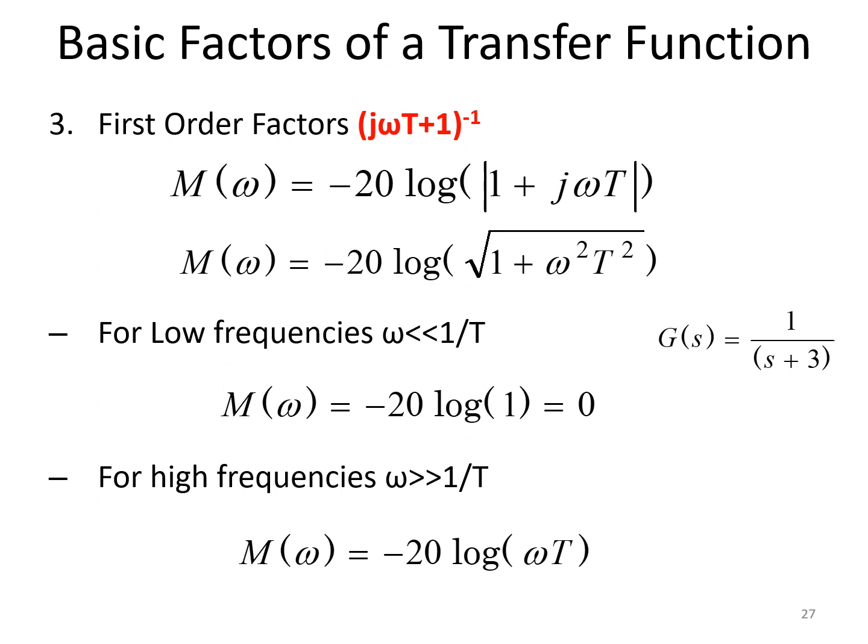Now coming to the first order factor, another factor which is represented as 1 by j omega t plus 1. Here, since it is minus 20 log of 1 plus j omega t, the magnitude value for omega very much less than 1 by t is 0, and for higher frequencies, M of omega is taken as minus 20 log of omega t.